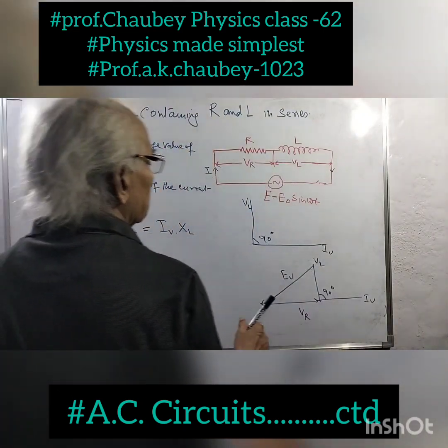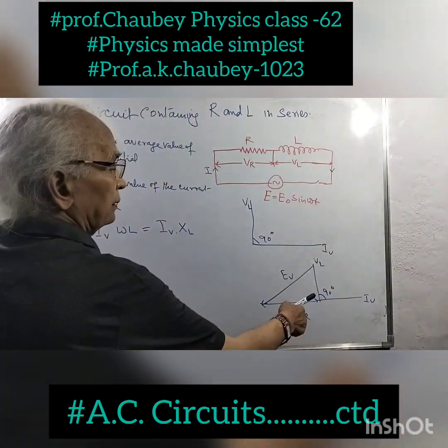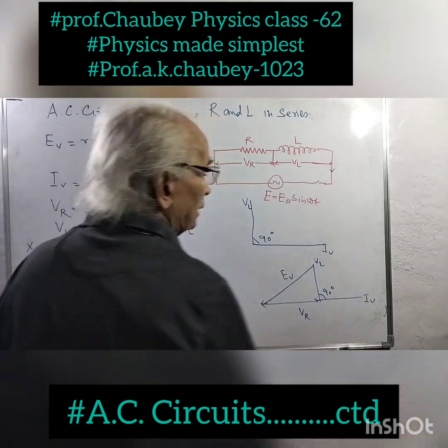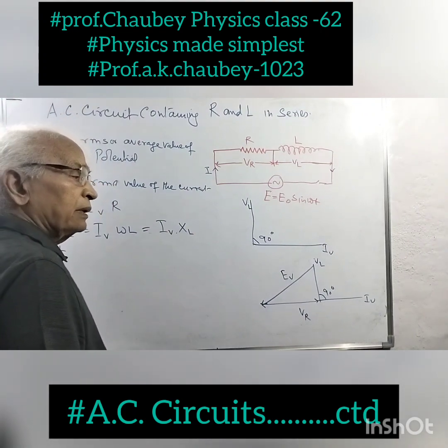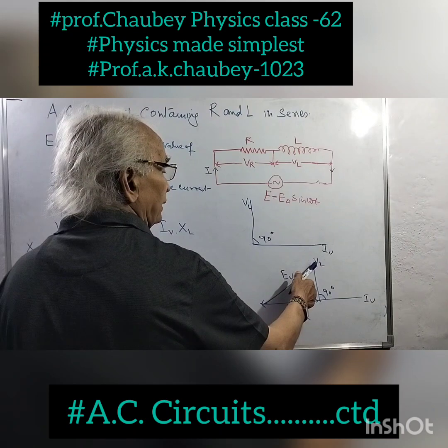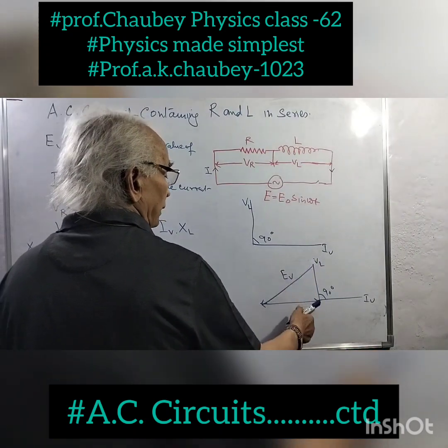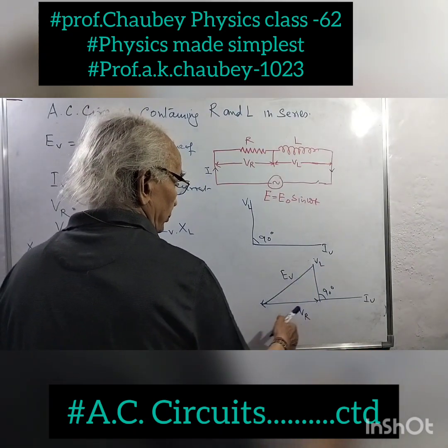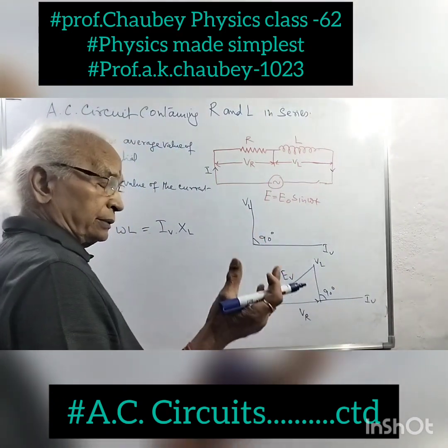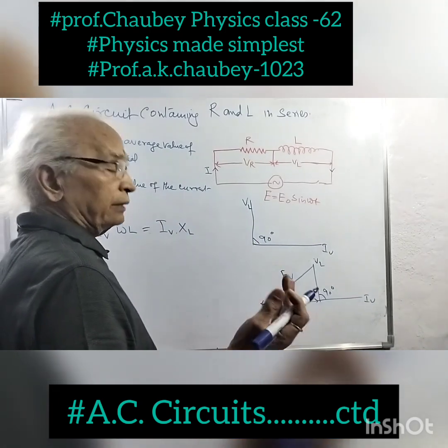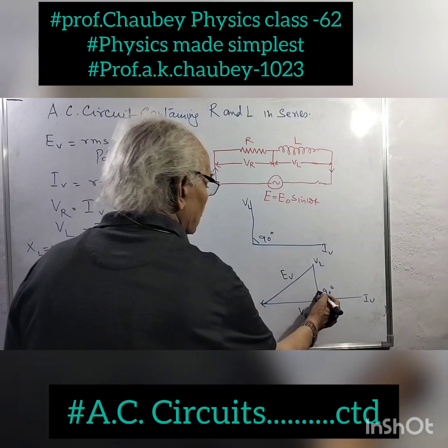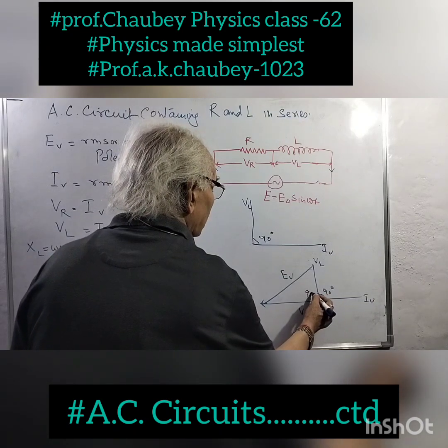That is the two potentials, VR plus VL. VR is in line with IV, no phase difference, and VL has a 90 degree phase difference. So this side is the vector potential, and this side is the potential across the resistance. The resistance potential and inductance potential have a 90 degree phase difference. So these two vectors are 90 degrees apart.